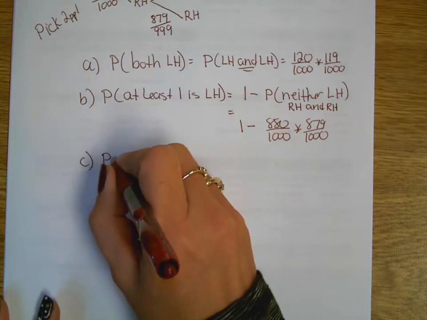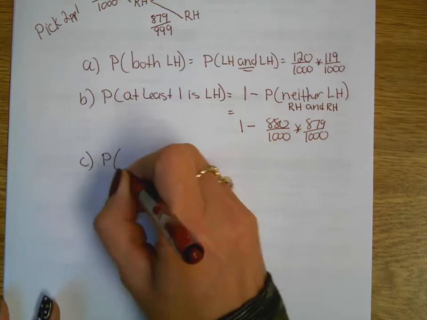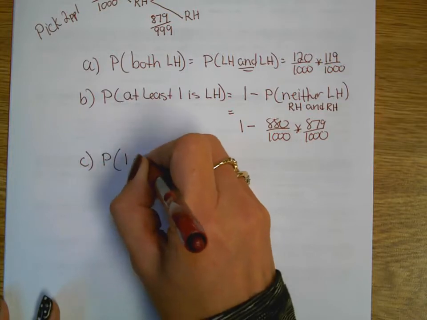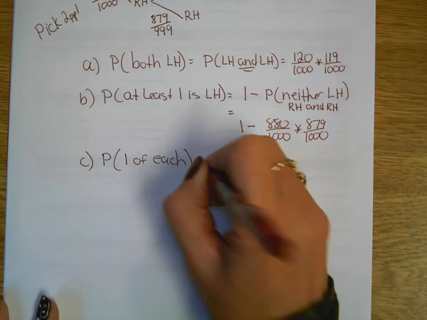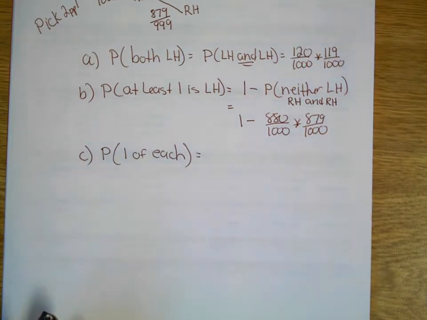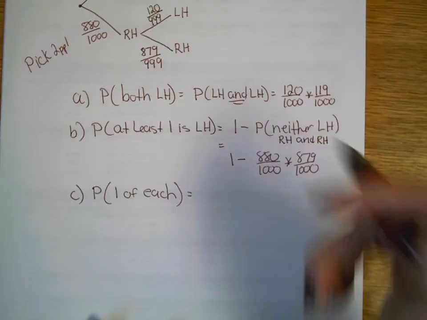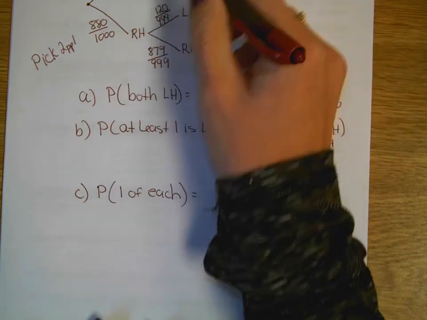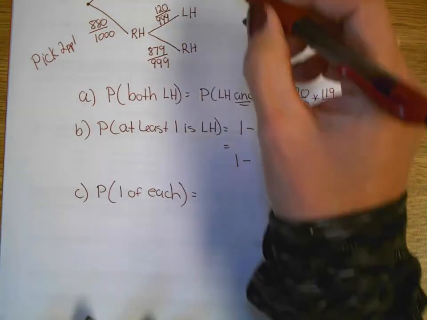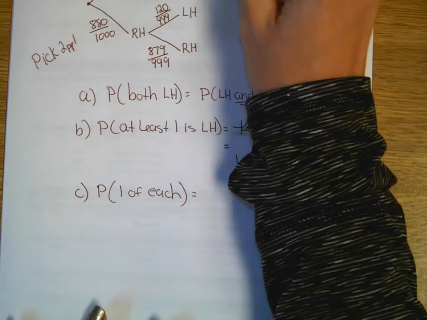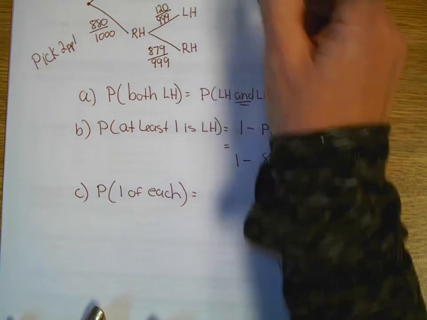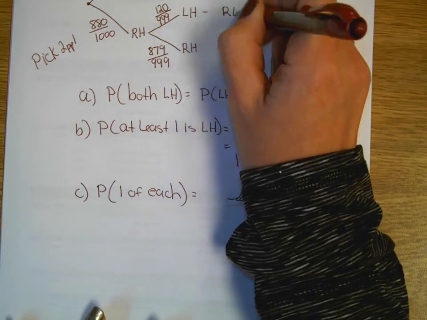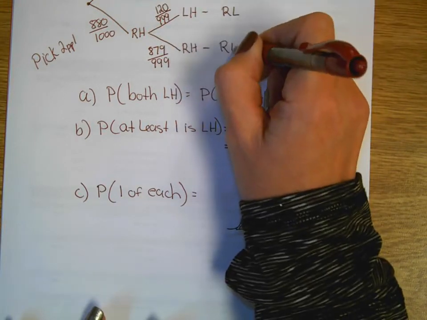Now let's go probability of getting one of each. Well, if you look at our four outcomes here, which aren't equally likely because of the different probabilities, so I can't just say 2 out of 4, because this first one's left-handed, left-handed, this one's left and then a right, this one's right and then a left, and this one's right and right.